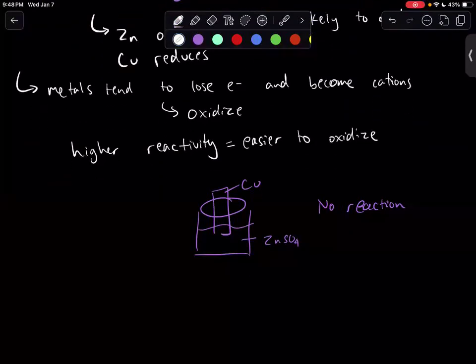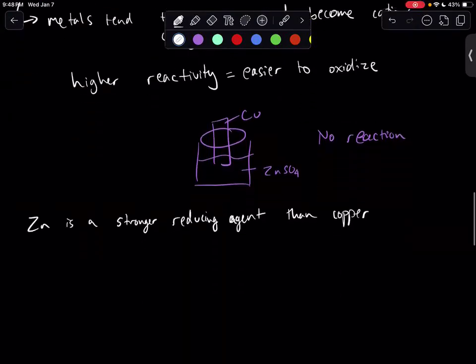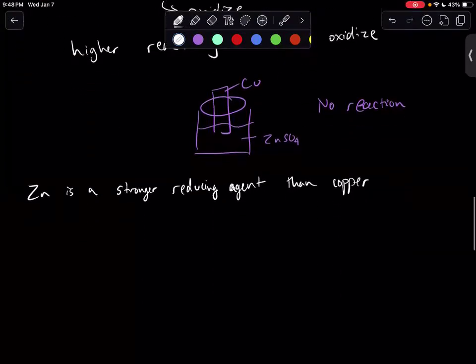The last thing we can say is that because zinc is oxidized, we can also say zinc is a stronger reducing agent than copper. So just using all our vocabulary, zinc is more likely to cause something to reduce than copper is, because zinc caused copper to reduce but copper did not cause zinc to reduce.